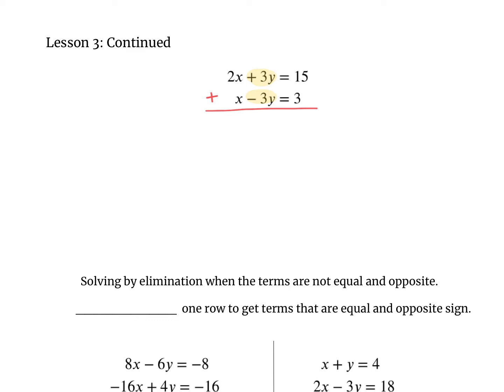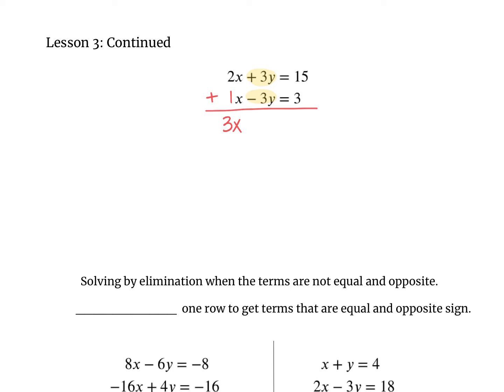And remember, again, we're looking at the x terms first, then the y terms, and then the constant. So when we add together 2x plus x, we get 3x. This is like adding 2x plus 1x. Then positive 3y plus negative 3y is the same thing as 3y minus 3y.